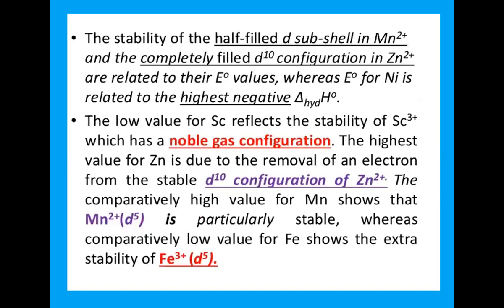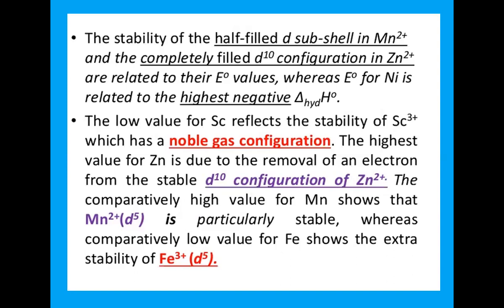Why is it so? It is not only based on these factors, it is also the stability of the half-filled d subshell in Mn+2 and the completely filled d10 configuration, as well as the high negative hydration enthalpy for nickel. These factors can be attributed.